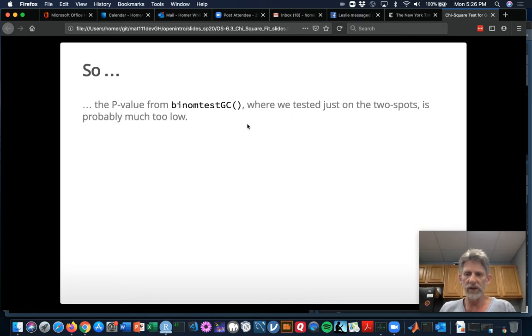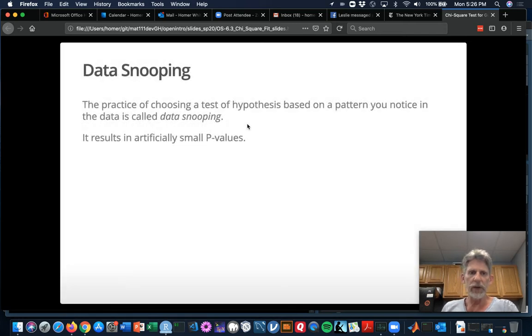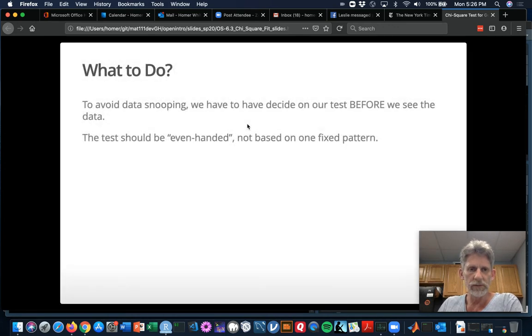It's focusing specifically on what we saw in our data rather than focusing on a question about unfairness in general. This practice of choosing a test of hypothesis based on a pattern that you notice in the data is called data snooping. And it will usually result in these artificially small p-values.